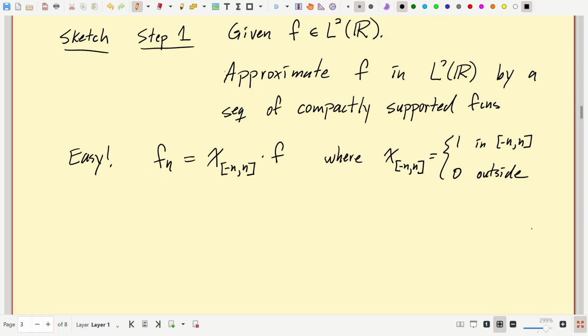And it's easy to see that those Fn's go to f in L2, because the integrals of the tail ends of f go to 0.